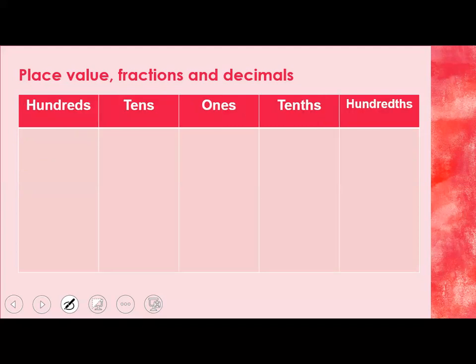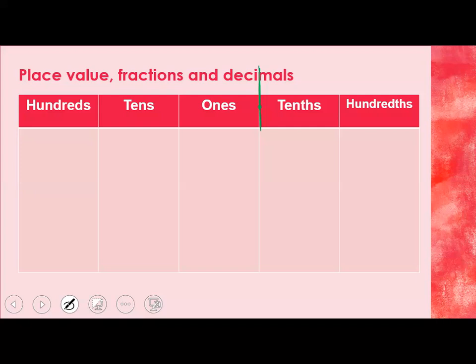Now, again, I have hundreds, tens, ones, tenths, and hundredths. Where is the decimal point going to go? Can you remember from that last slide? Well done if you remember that it goes here. It always goes between the ones and the tenths. This is because this is the barrier here where I'm stopping dealing with whole numbers. Ones are my smallest whole numbers, aren't they? 1 is my smallest whole number.